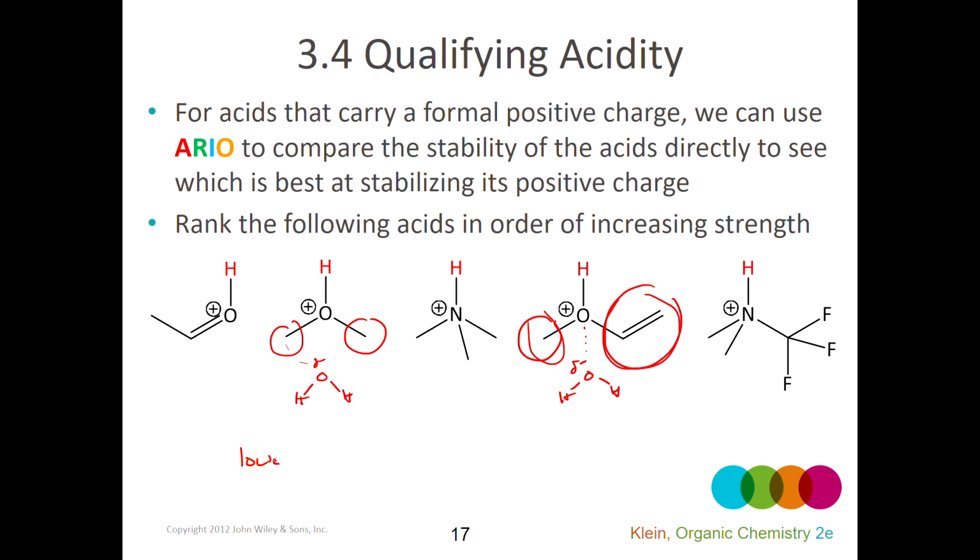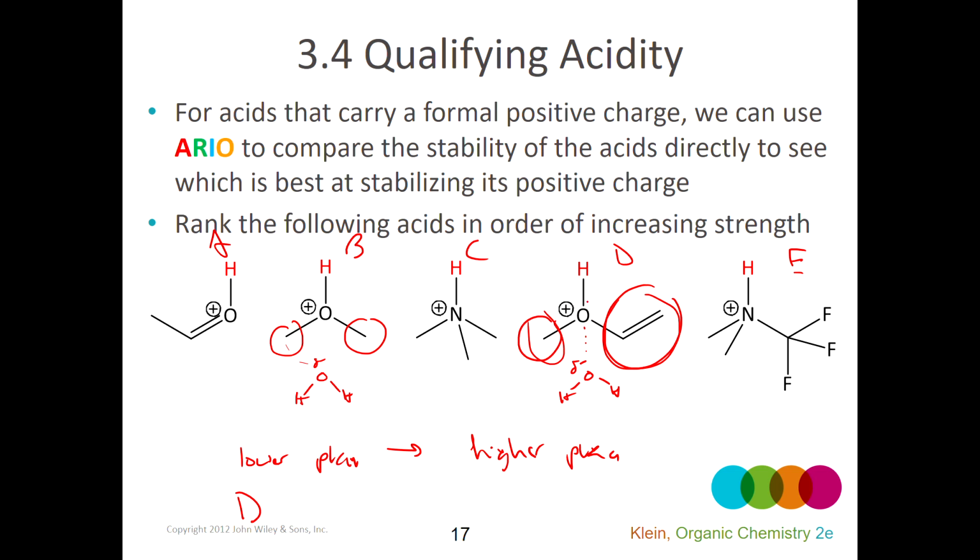So if we're going from lower pKa to higher pKa, we could probably say that D has the lowest. It's the most unstable positive because I can't form much attraction with the solvent. It's got no resonance to stabilize it.